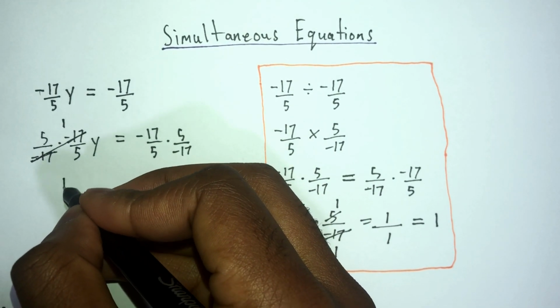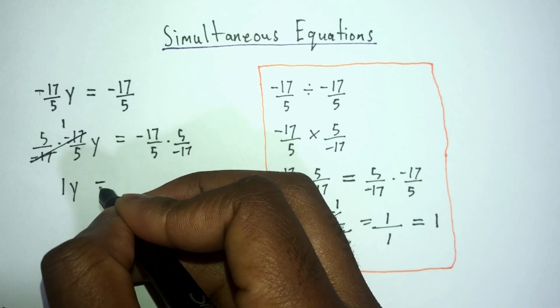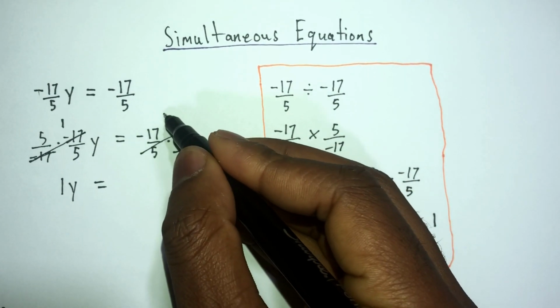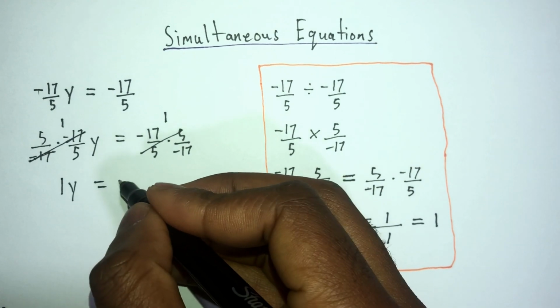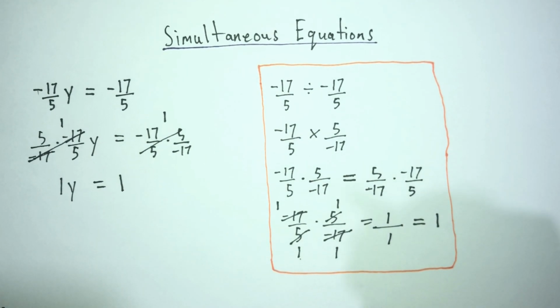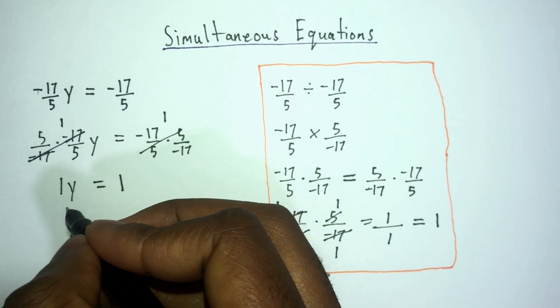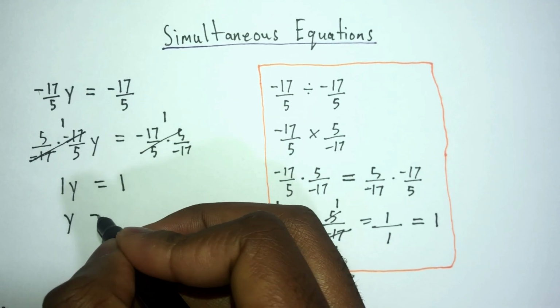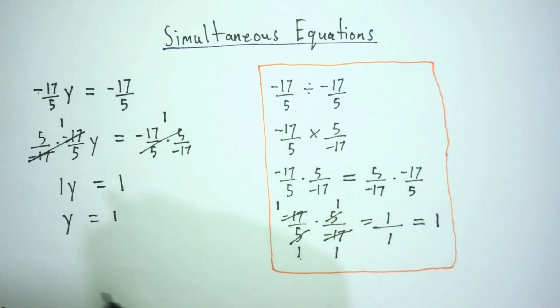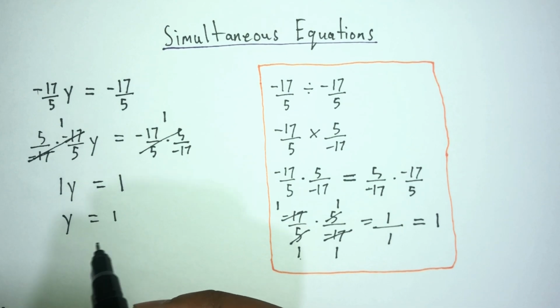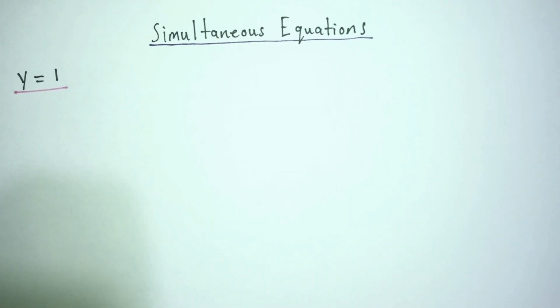So this leaves us with 1y equals 1. And 1 times y is y equals 1. So therefore our y value equals 1.